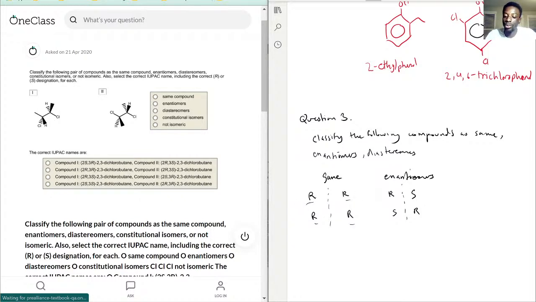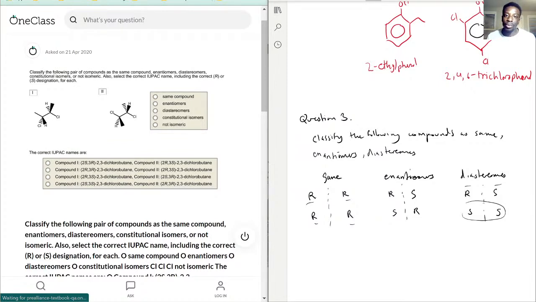This is what enantiomers look like, and diastereomers look like this. Let's say this was R, S, this would be like S, S. See, two of the same, but one part is flipped. And then constitutional isomers is when they have the same name but built completely different.